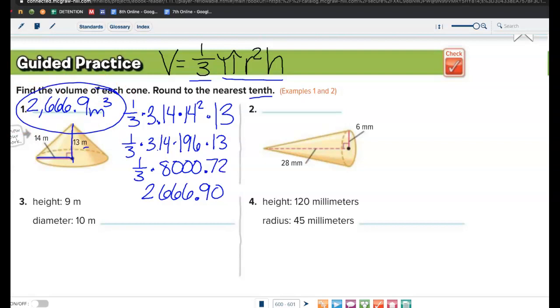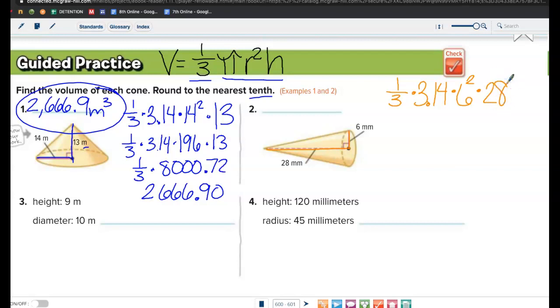All right, number 2. I'm going to use, again, 1/3 times 3.14, because that's pi, times my radius, which is right there, it is 6, times the height of my cone, which is right there, 6 squared times 28.